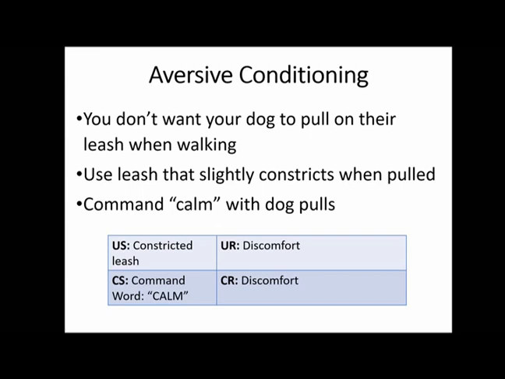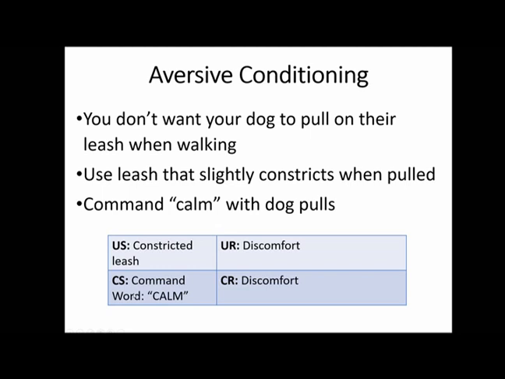So while you're walking, if the dog starts to pull aggressively on the leash, then their collar will get a little bit tight and they will feel discomfort. So that constricted leash is an unconditioned stimulus. And the unconditioned response is that they feel uncomfortable because of that leash.